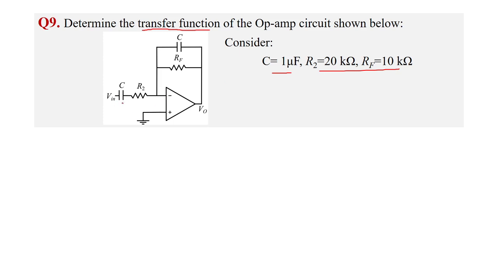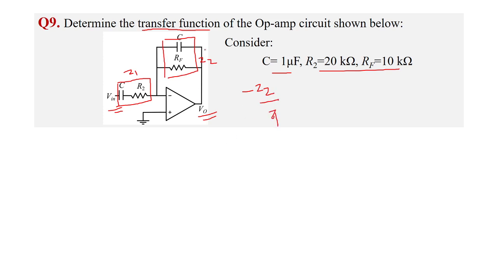It's easy. We have to first find the transfer function, that is V0 by V in. When we look into this circuit, it is similar to an inverting configuration, right? So this is one impedance, say Z1, and this is another impedance, say Z2. The gain of the amplifier is minus Z2 by Z1.